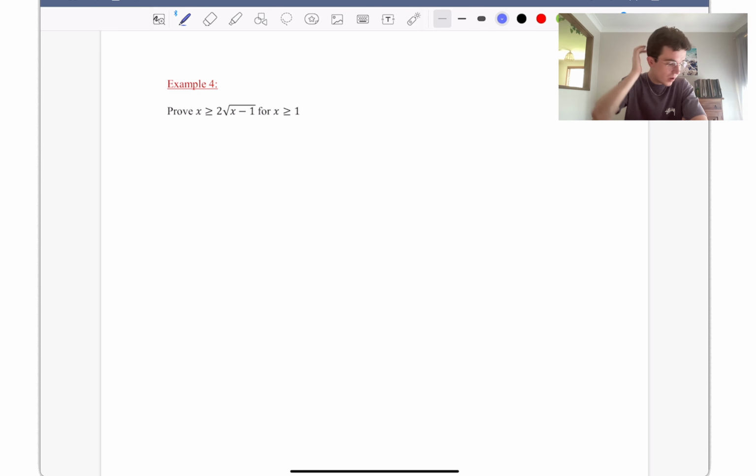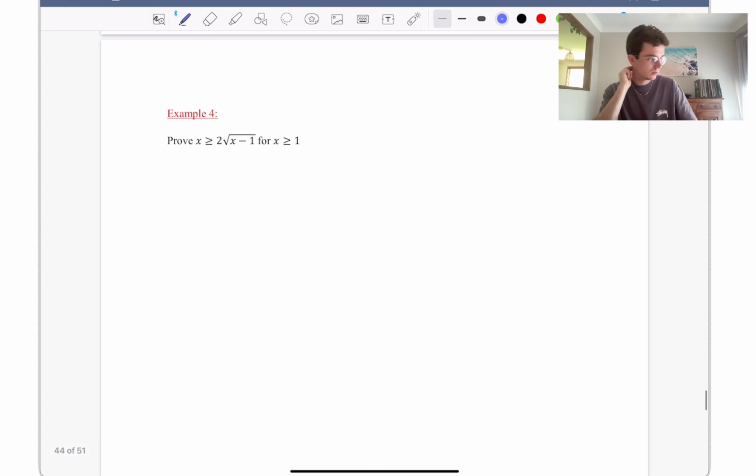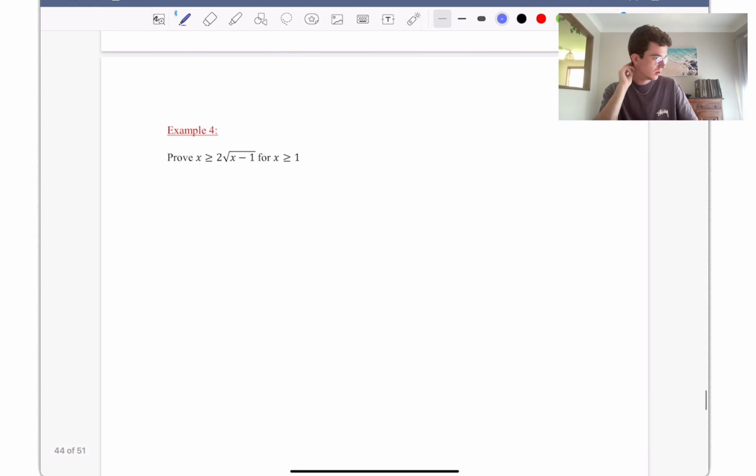Okay, we're going to prove that x is greater than or equal to 2 root x minus 1. So what we might do is we're trying to prove, so x is greater than or equal to 2 root x minus 1.